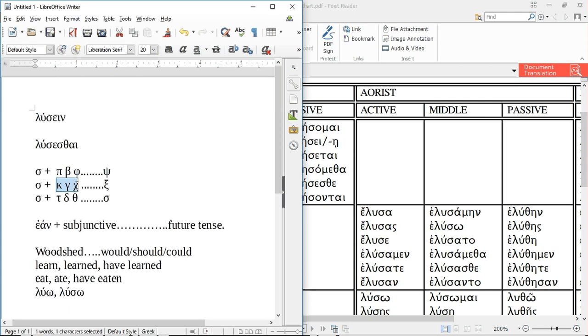Likewise, if you take a sigma and add it to a guttural, kappa, gamma, or chi, you're going to get xi. And if you take a sigma and add it to a dental, tau, delta, or theta, you'll end up with just the sigma. The sigma will cover over the dental. It'll just go away. So you need to make this a chart. Make a flashcard of that for this week.